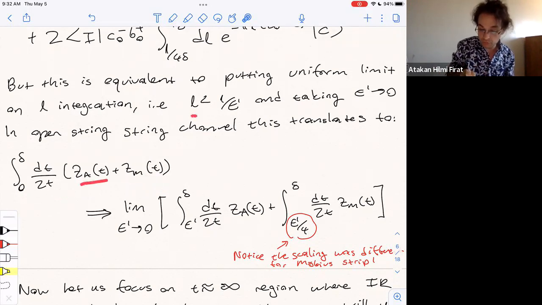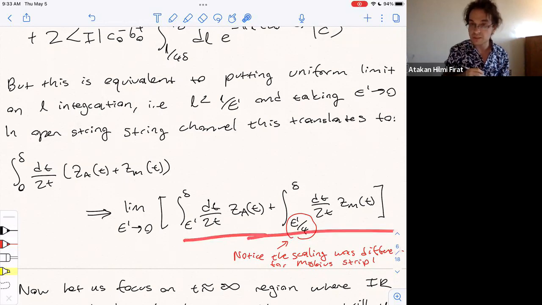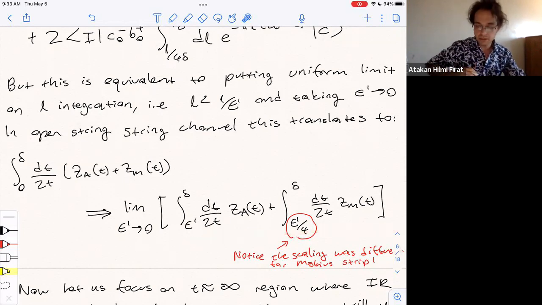But if you put this uniform bound, which translates into this bound for the open string channel, they still cancel each other. And again, there's this 1/4 difference because there's a scaling difference between the annulus and the Mobius strip. So for both of these expressions in total, this limit will make sense.